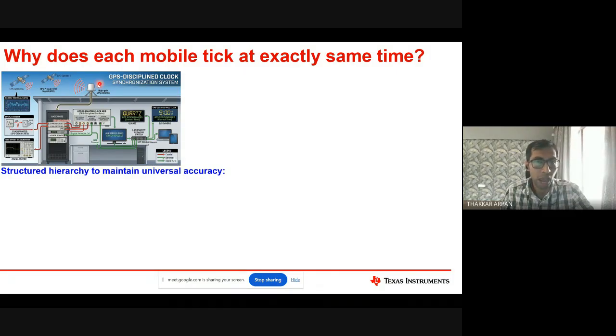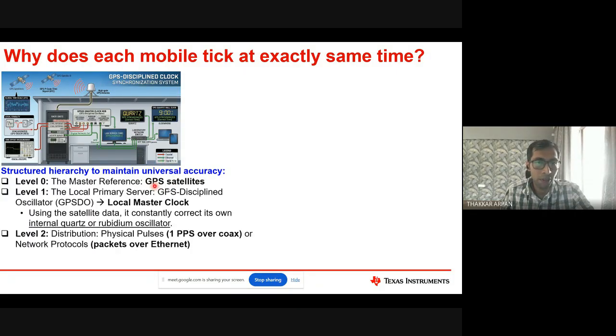But your laptop or mobile will not have GPS access every time. If GPS has a very synchronized clock, all your devices will be synchronized if they connect to GPS. But every time it's not possible.